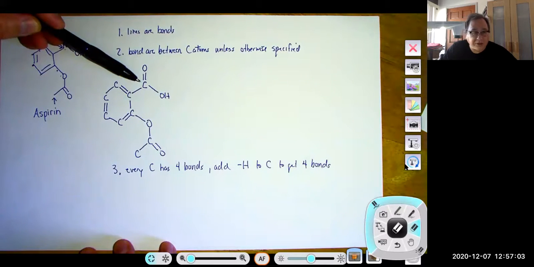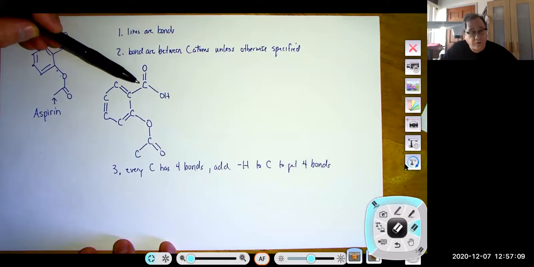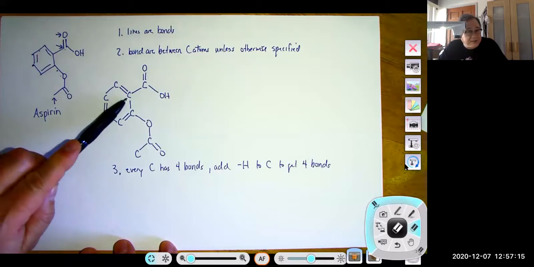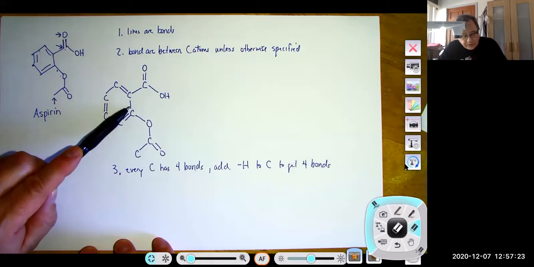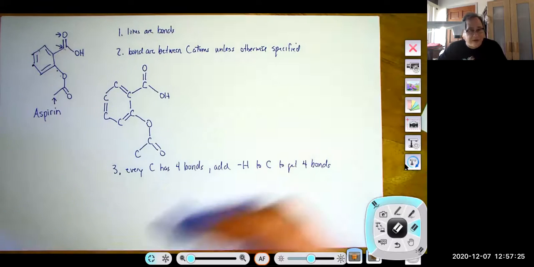How many bonds do you see to that carbon? Well, 1, 2, 3, 4. So that carbon has 4 bonds. We don't add hydrogen to it. Let's look at this carbon. How many bonds do we see to it? Get an answer in your head. And the answer should be 4. 1, 2, 3, 4. So nothing to do there.